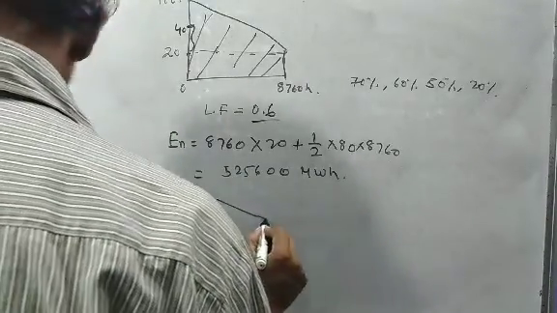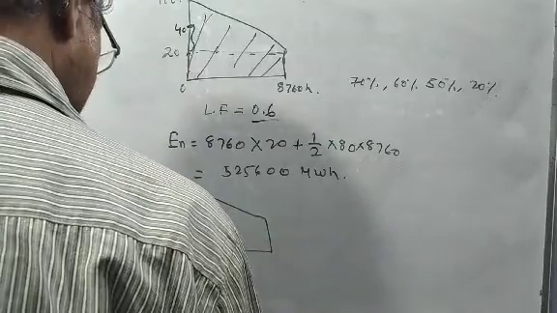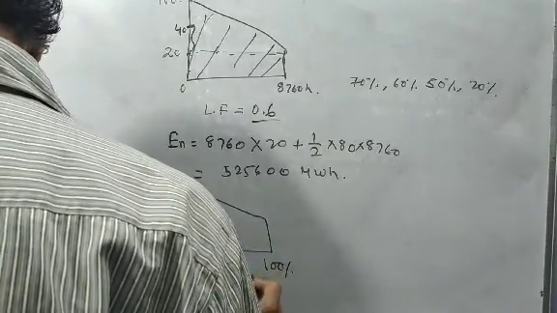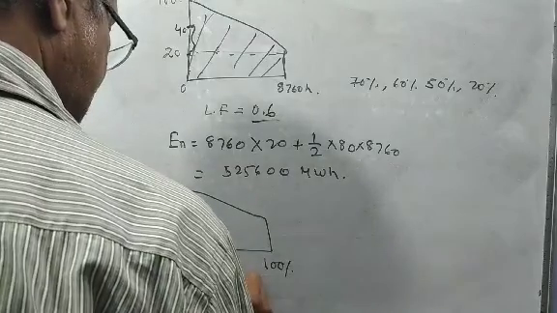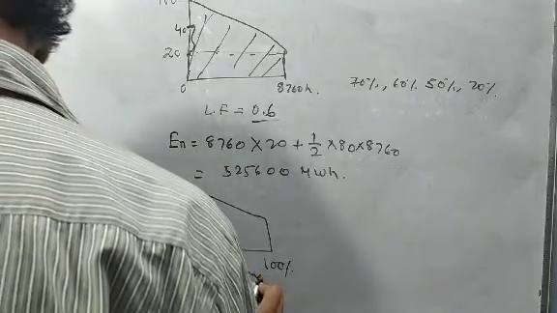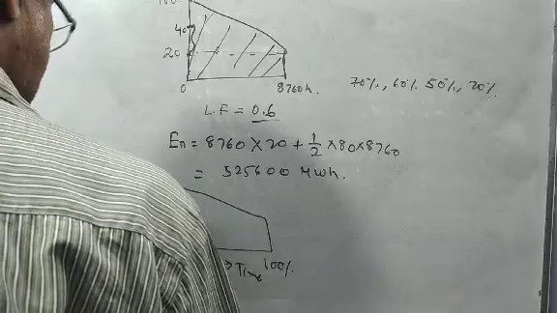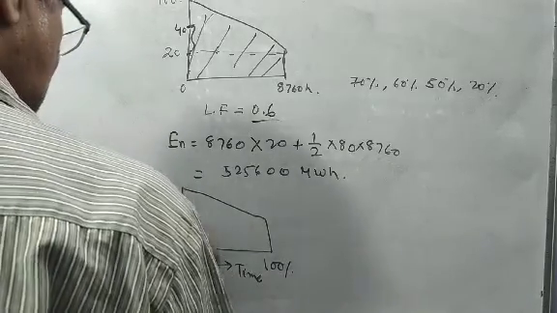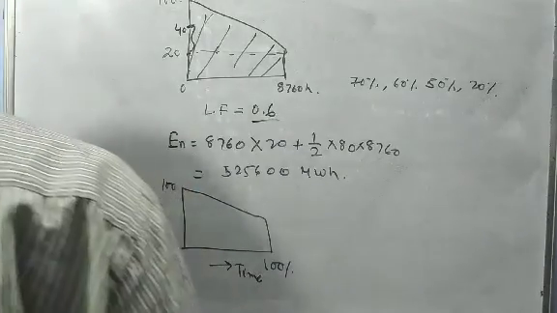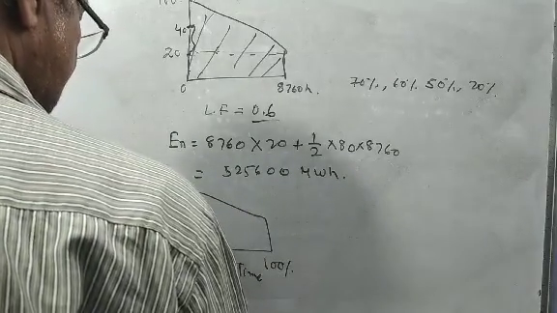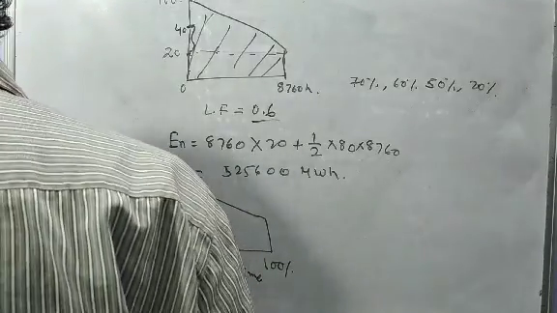Okay, so what does this curve depict? It is somewhat like this. Here it is given 0 to 100% on the time scale, and here it is given in megawatt, 0 to 100. In between it is 50 megawatt.